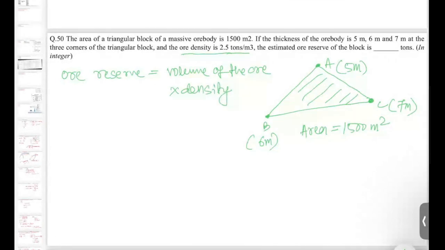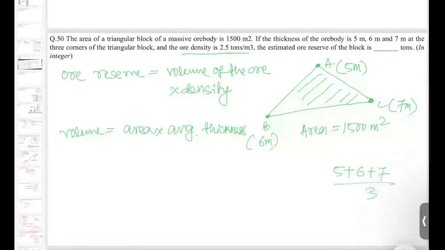So try to find the volume. This volume will be equal to area into average thickness. The average thickness in this case will be 5 plus 6 plus 7 by 3, which should be equal to 6 meters.